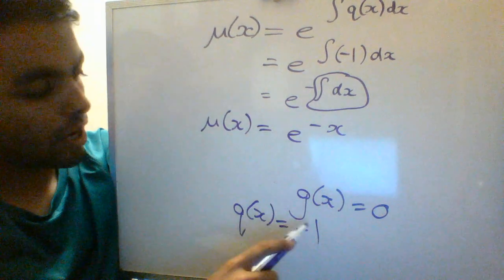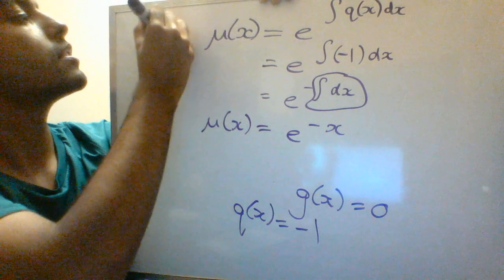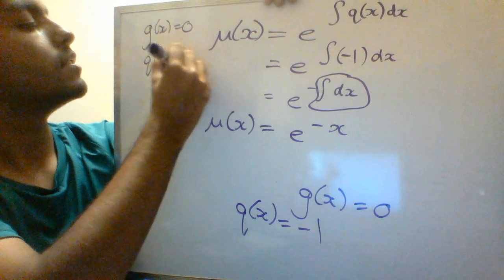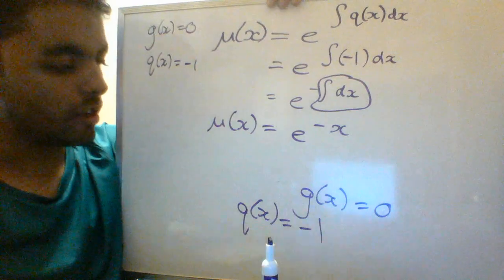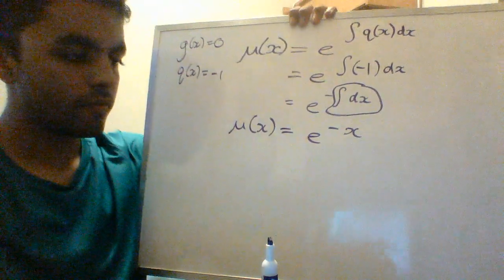We also know g of x is equal to 0. I'm going to put that over here: g of x is equal to 0, and q of x is equal to negative 1. I've got 2 minutes to finish this, and then we will move on to the next video.